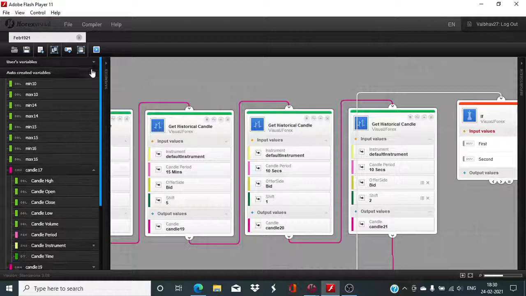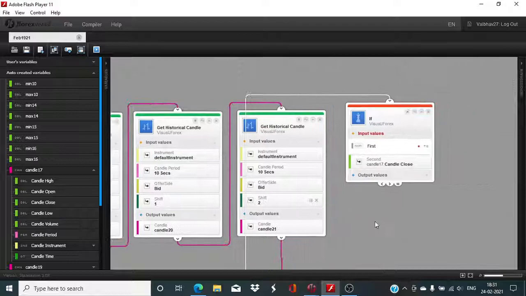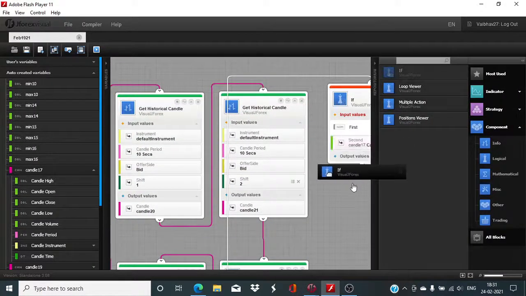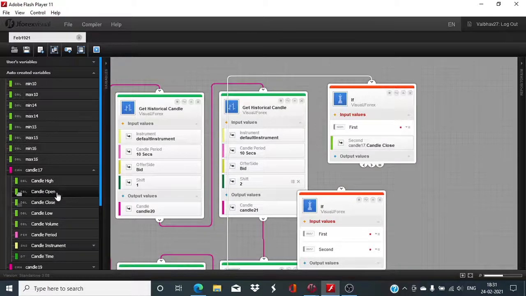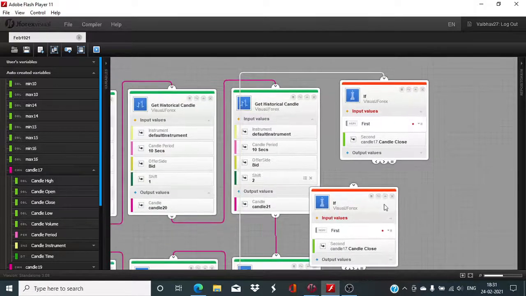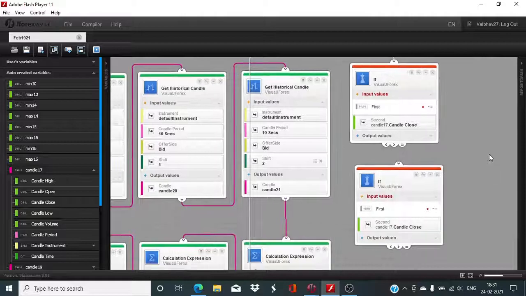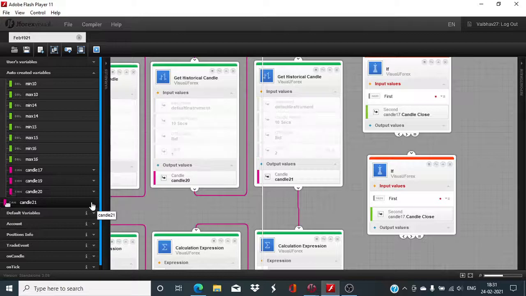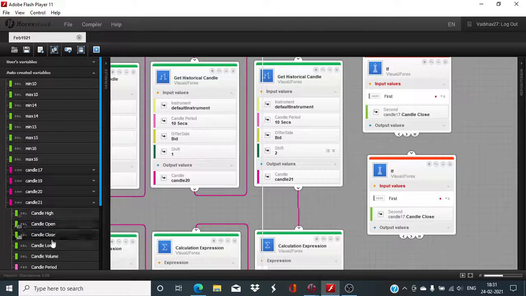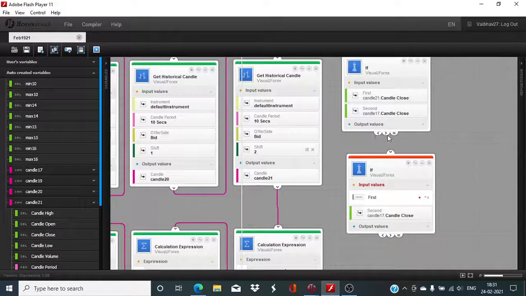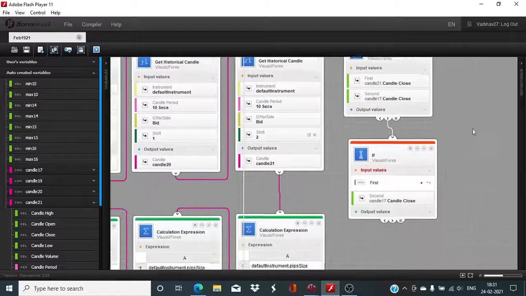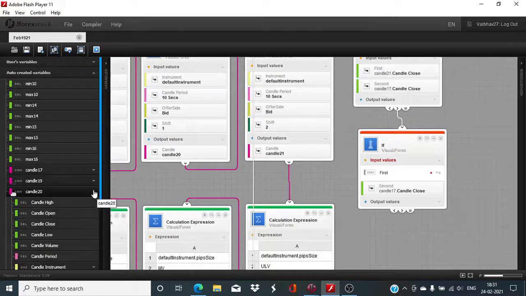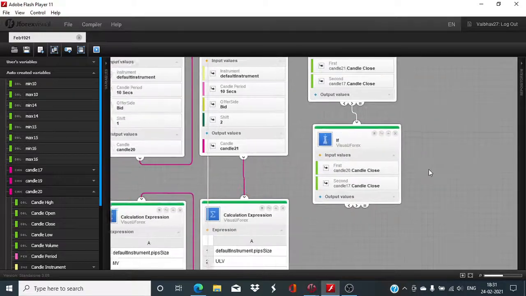So we will have to take candle 17's closing as a second variable, and then candle 20 and 21's values respectively. This close needs to be higher, first input greater than second input, and 20's closing value needs to be lower.